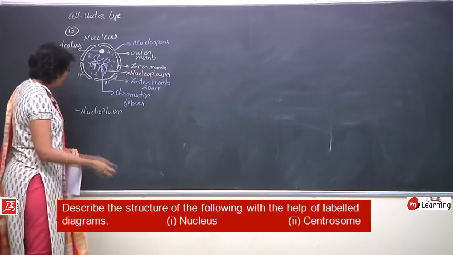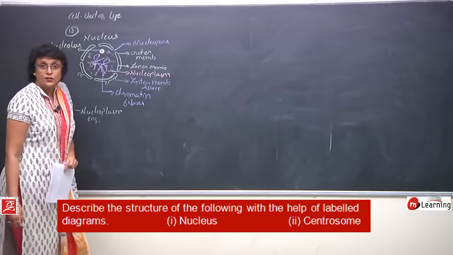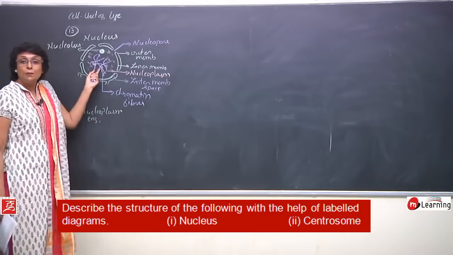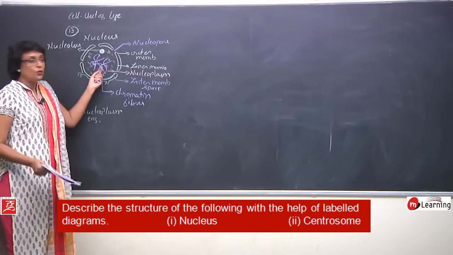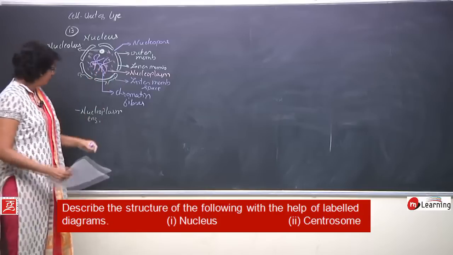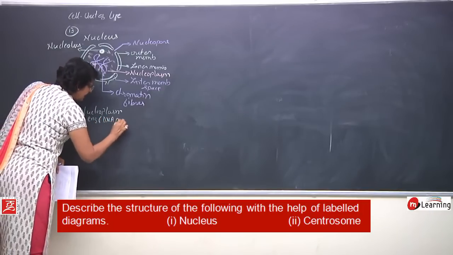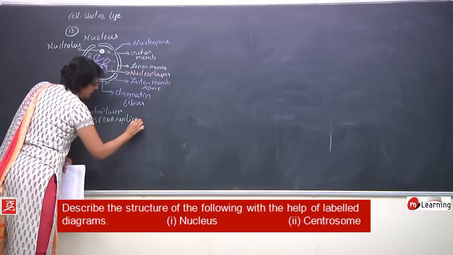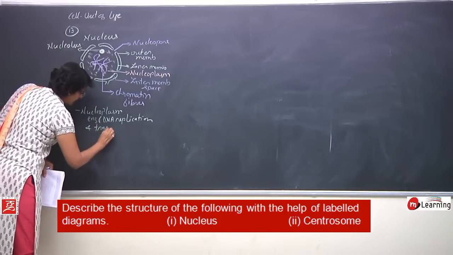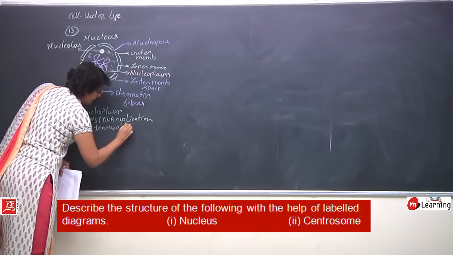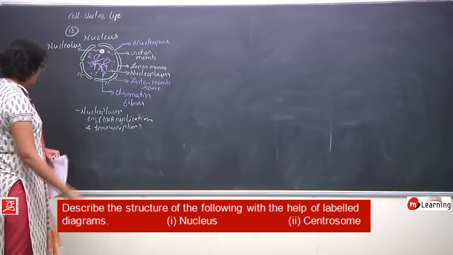Nucleoplasm is rich in enzymes which are required for various processes, like DNA replication, and from that DNA mRNA will be formed, so transcription. So enzymes for DNA replication and transcription are all present in nucleoplasm.